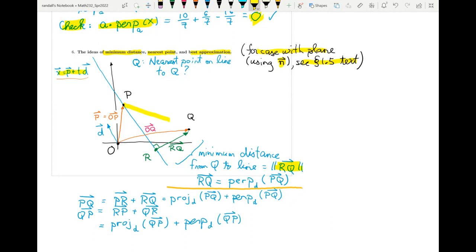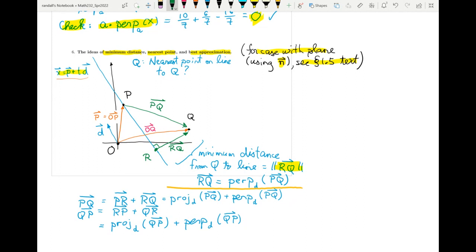So there's my PQ. All right, so there's P to Q. So the perpendicular part of PQ projected onto D is this RQ vector.